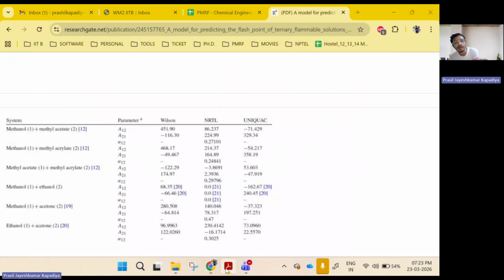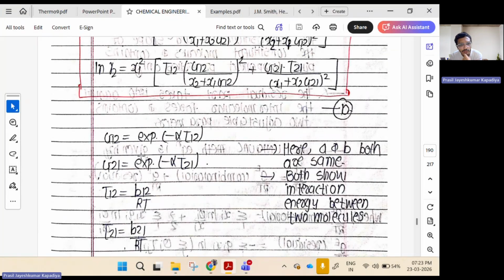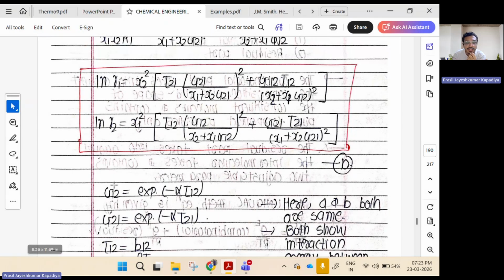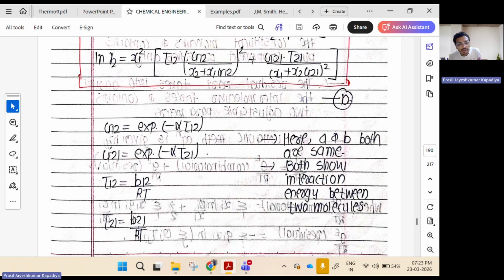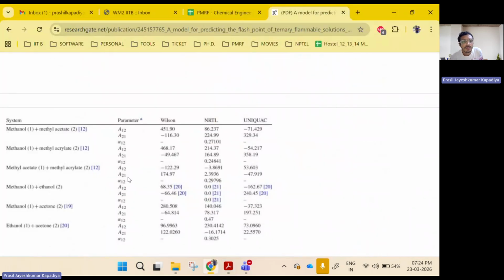For that particular alpha, I will find G12, G21, and I will put these G12, G21 and tau21, tau12 here. And I will find ln gamma 1, ln gamma 2, and this is dependent on the value of temperature that we are choosing. So this is the non-random two-liquid theory, NRTL model.